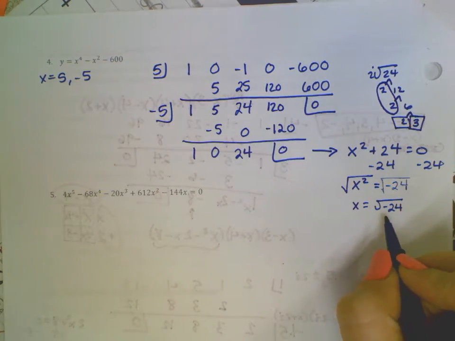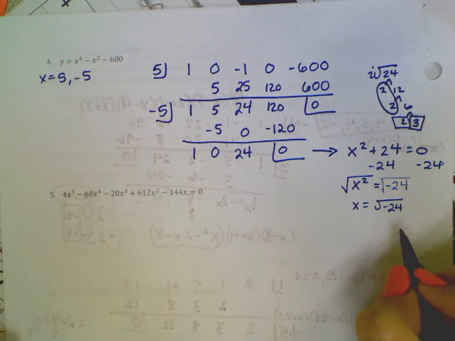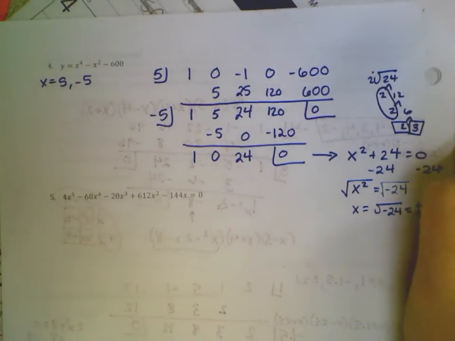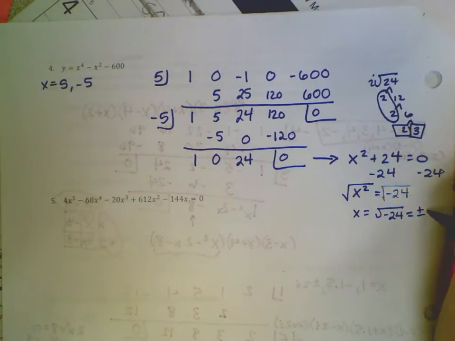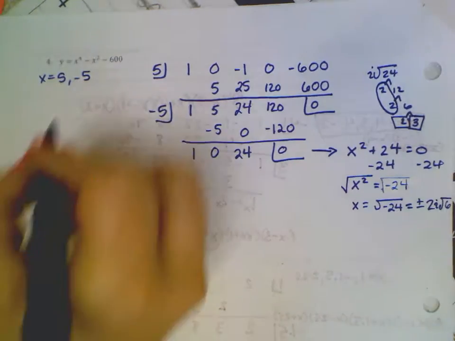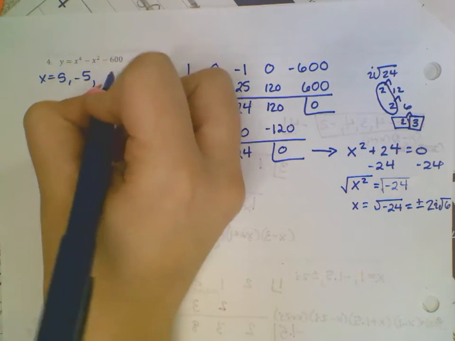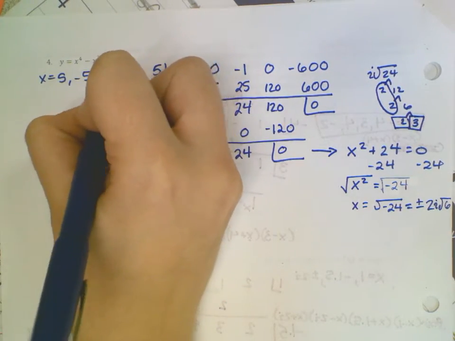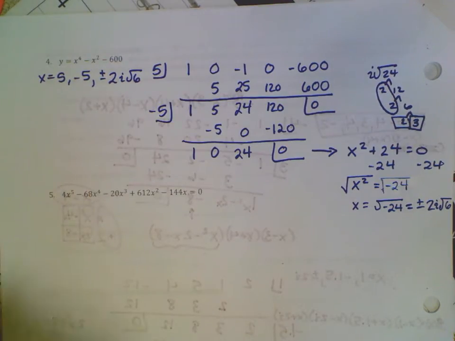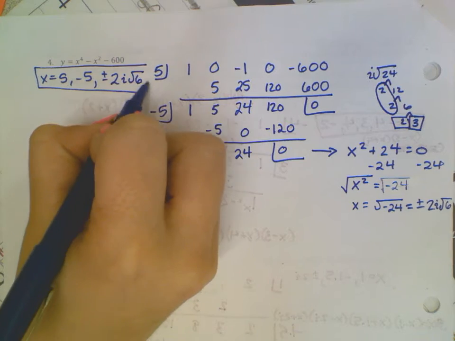So the square root of -24 is actually plus or minus 2i root 6. So that is going to be my other set of zeros. So right here we have now all of our zeros.